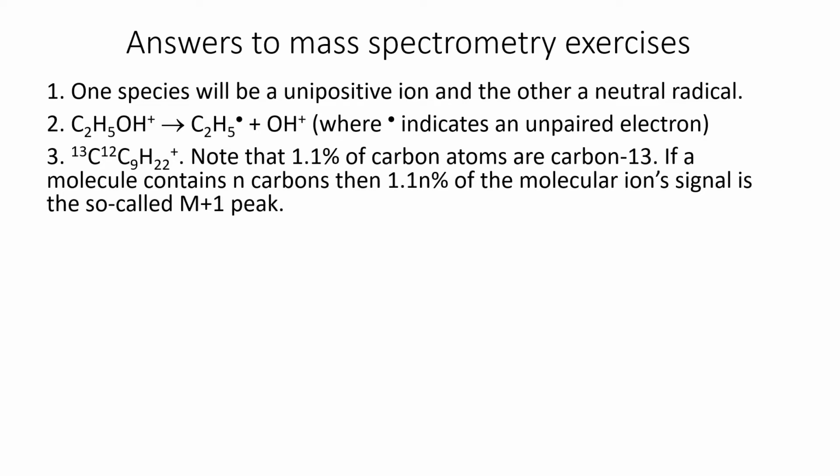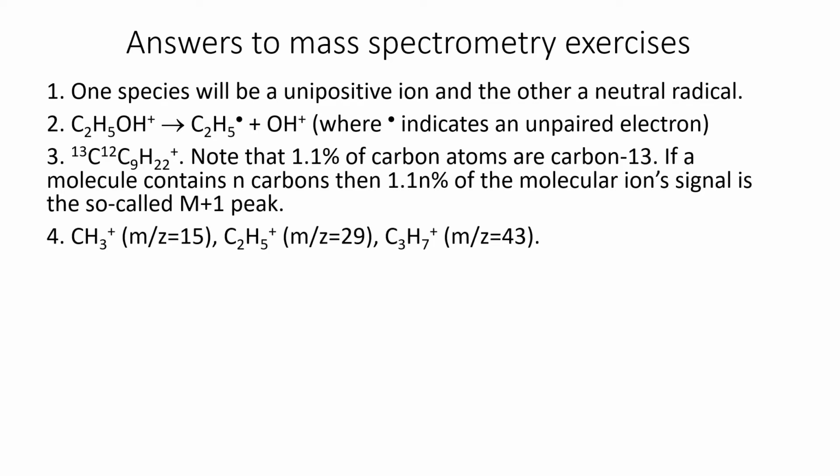Each carbon atom has a 1.1% chance of being carbon-13, but in this decane molecule, any one of those 10 carbon atoms might come out as carbon-13. So we multiply that 1.1% by the number of carbon atoms involved. So 1.1n% of the molecular ion signal is going to be the M+1 peak.